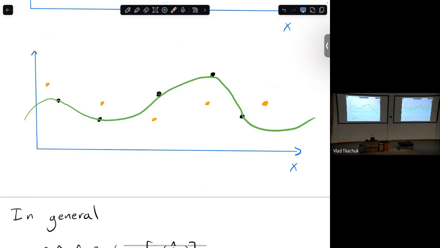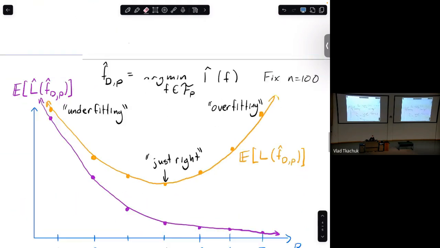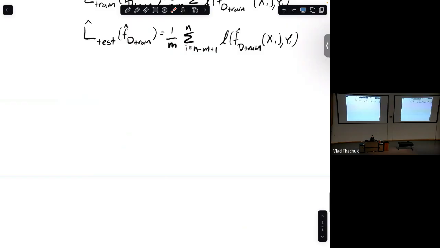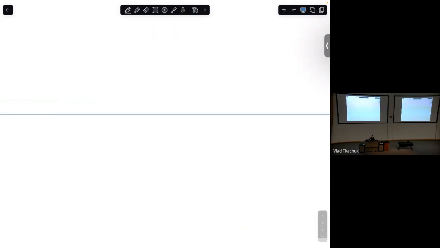Then you get your test data set, which will look something like this, and you check the error on the test data set. Hopefully you'll agree that this will be a good estimate of what the true risk of your predictor would look like. Okay, and now the plot actually does look right, and you can actually run this. This is what you will be running in your assignments.